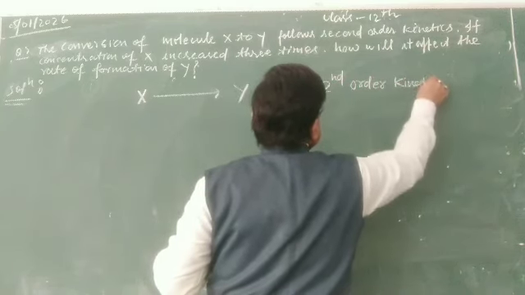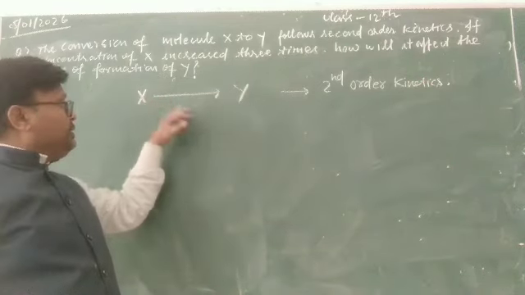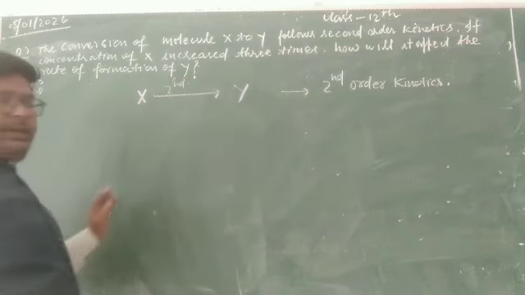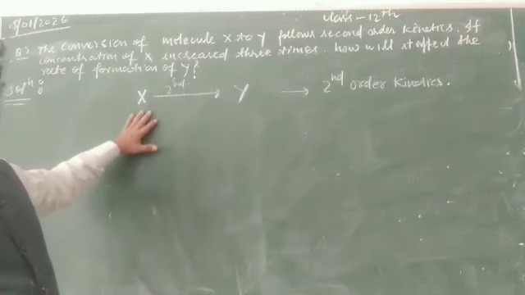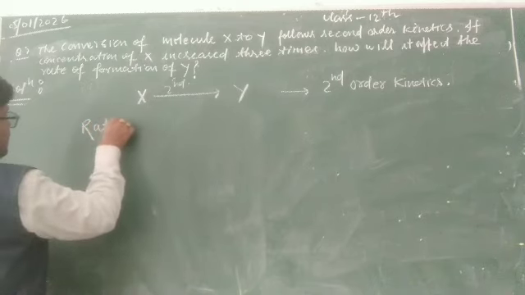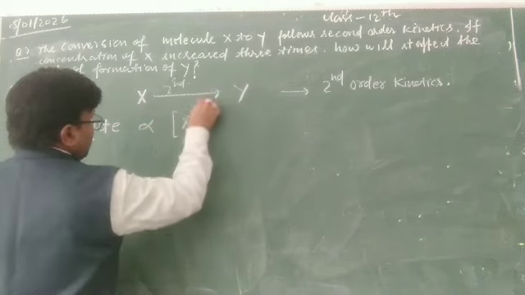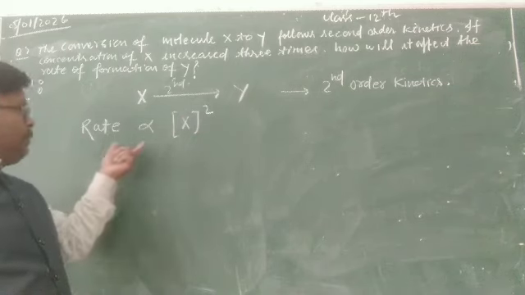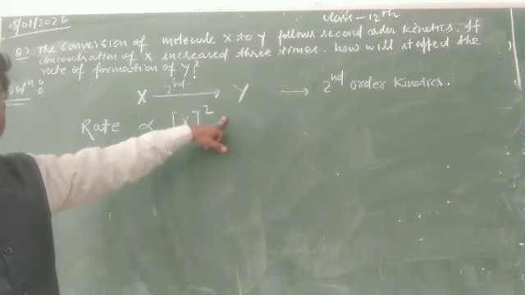Then what is the meaning of it? The meaning of this is that the rate is proportional to x square. It means the conversion of X into Y follows second order kinetics.